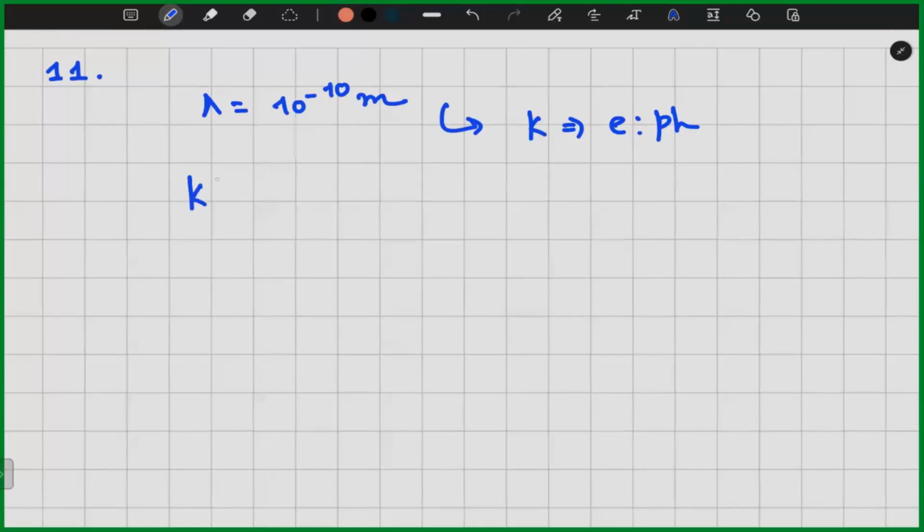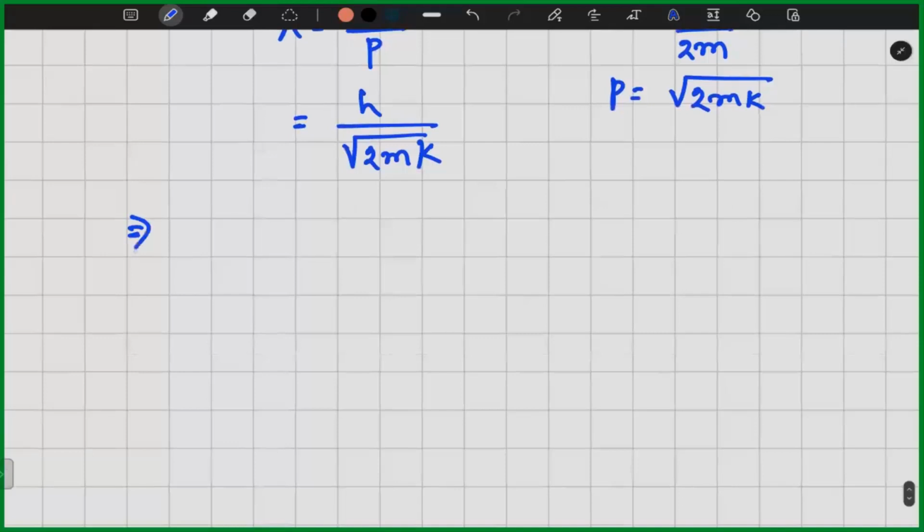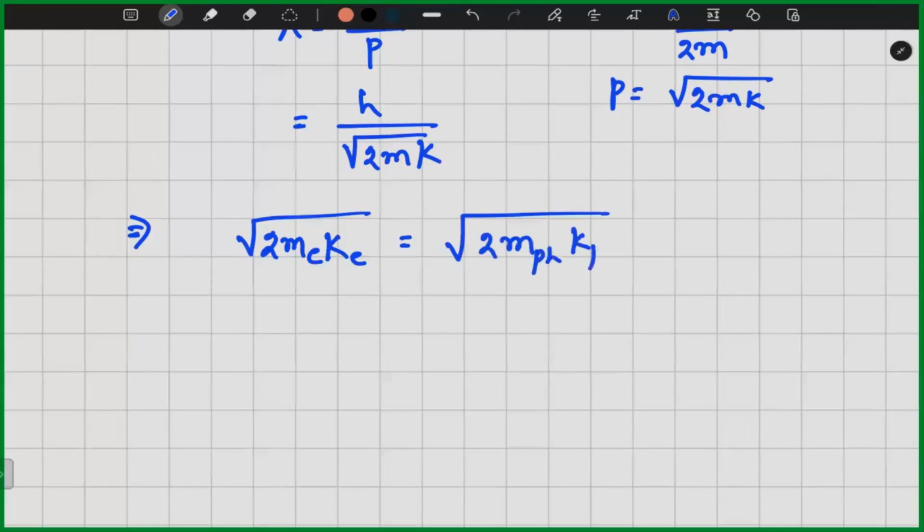So we know lambda is equal to h by p, and kinetic energy is p square by 2m. So p is root over 2mK. So lambda is h by root over 2mK. So if both lambda are equal, then root over 2m K of the electron should equal root over 2m K of the photon.